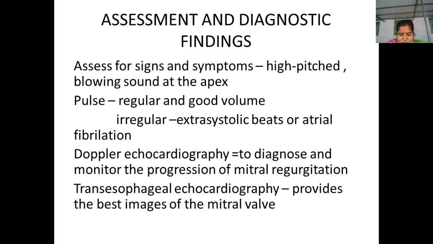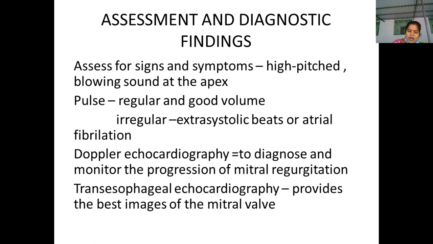But in this, what will be happening? In transesophageal echocardiogram, just like bronchoscopy, an esophageal probe is passed through the esophagus. Through the esophagus, echocardiogram can be done, mostly because it can provide the best images of the mitral valve.